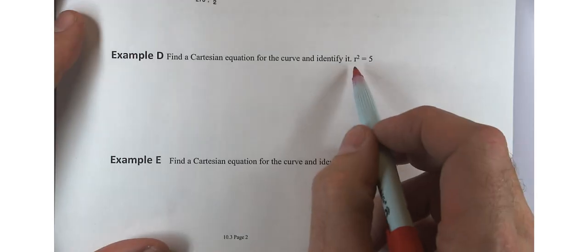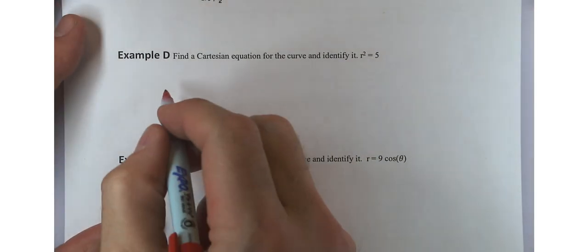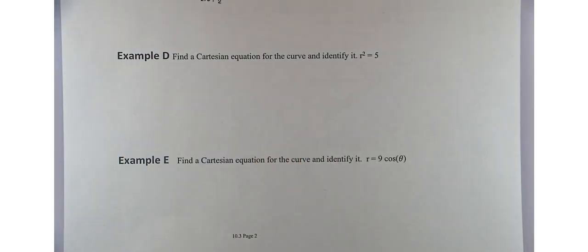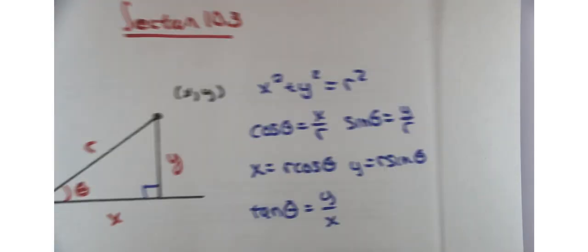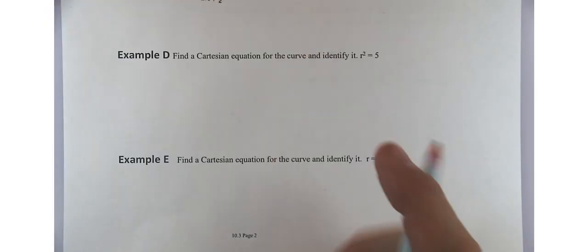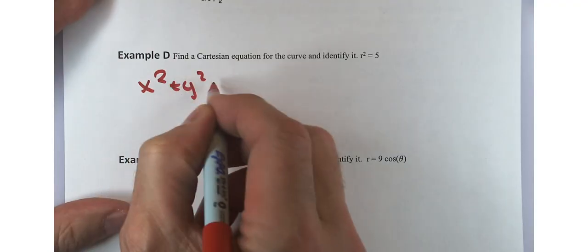R squared equals 5. Okay. So if R squared equals 5, do we know something about R squared? R squared is really equivalent to x squared plus y squared. So I can make a nice little replacement there. X squared plus y squared equals 5.